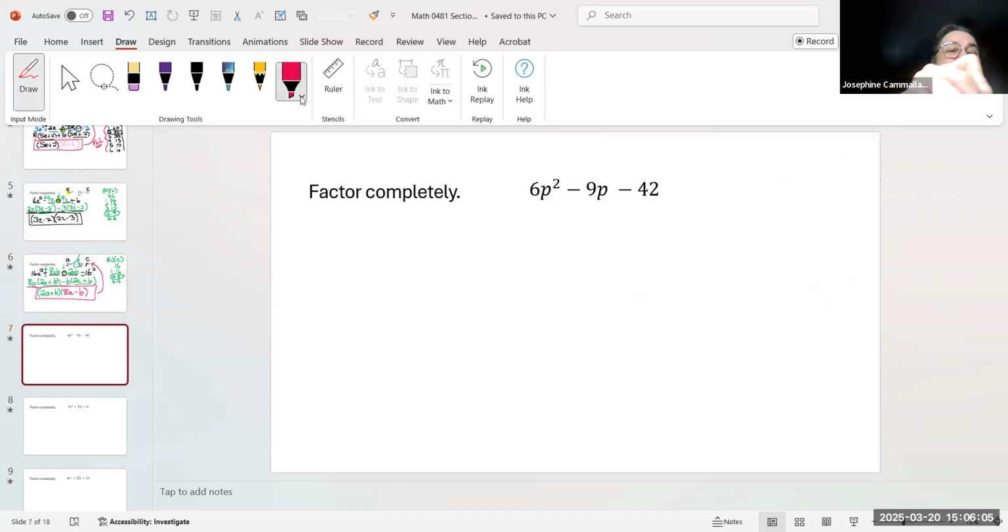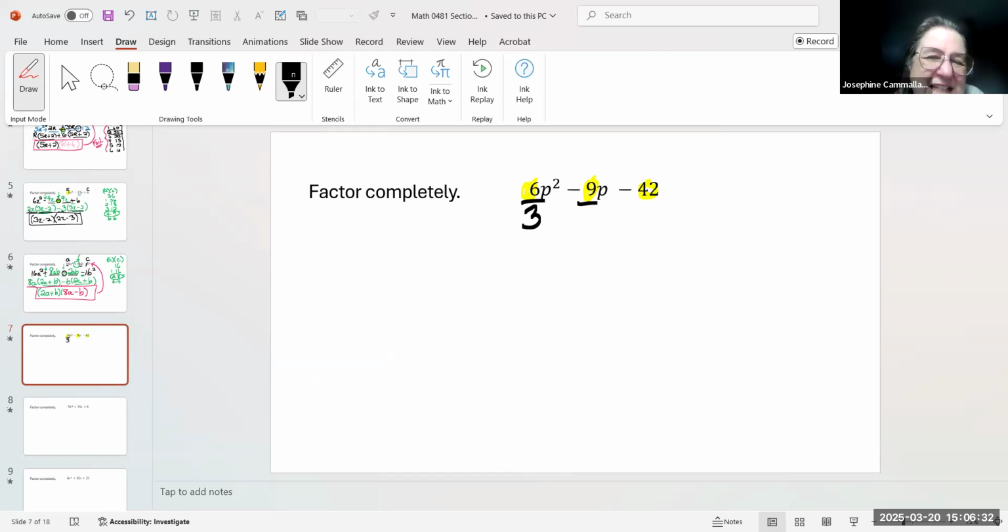Now, this one you got to be real careful with. See this 6? I got a 9. I got a 42. Now, I agree that 6 will not divide into 9. But remember, 6 also is 2 times 3.